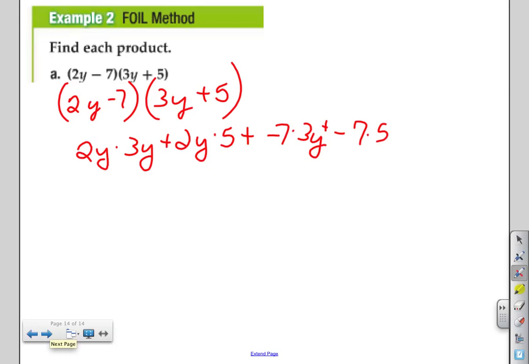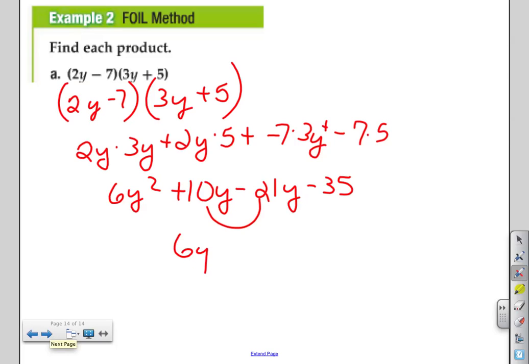So 2y times 3y is 6y squared plus 10y minus 21y minus 35. And we combine these guys, we get 6y squared minus 11y minus 35.